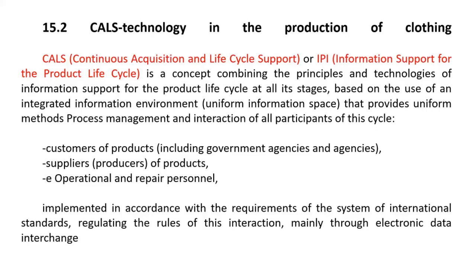So who can be the participants of the cycle in light industry? Customers of products, including government agencies and other agencies, suppliers or producers of products, and operational and repair personnel, implemented in accordance with the requirements of the system of international standards, regulating the rules of the interaction, mainly through electronic data interchange.